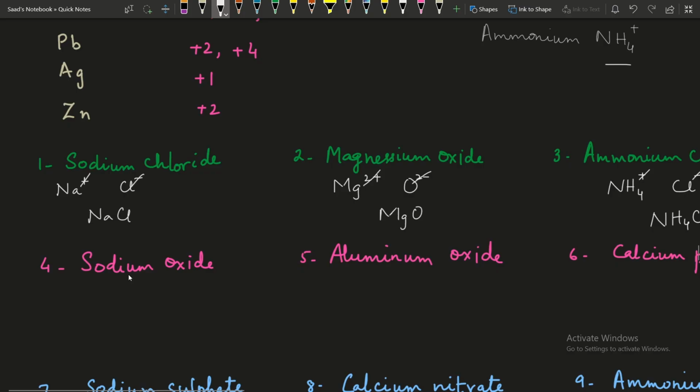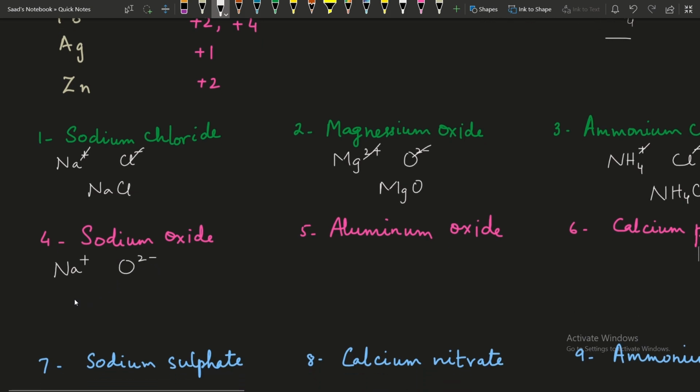Now let's move on to sodium oxide. Here sodium belongs to group 1 having a charge of +1, whereas oxide means it's oxygen. Oxygen has a charge of -2. Now these two charges do not balance each other. So what do we do? We write these numbers over here. For sodium it is 1 and for oxygen it's 2.